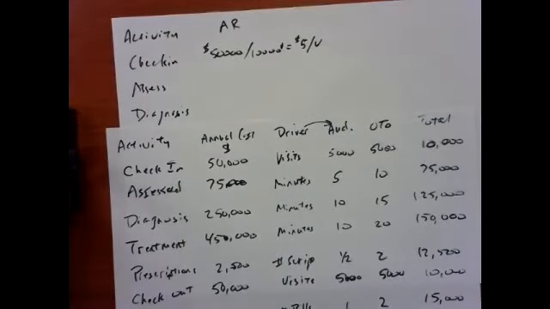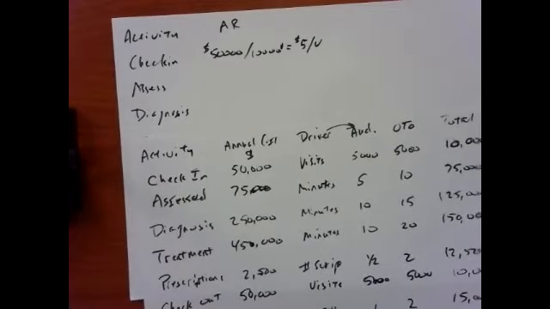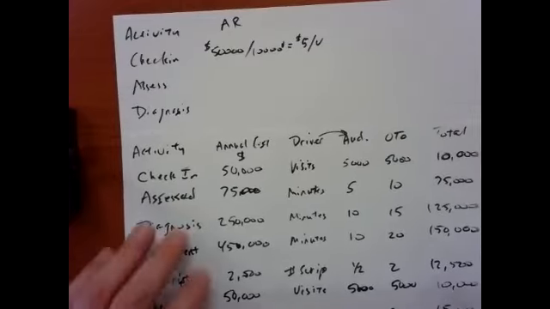And you want to kind of keep track of the units. You don't have to write them down, but you want to remember, okay, here I'm talking about dollars per visit. Here, I'm talking about per minute, and so on. This one gets complicated because there are multiple drivers, right? And there are going to be multiple allocation rates as a result. And so you're going to have to keep track of all these.